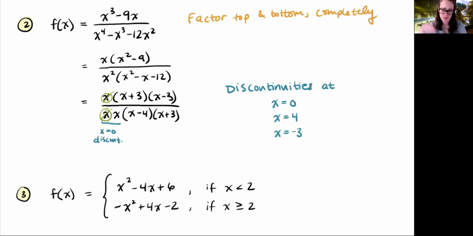Even though we removed part of it, there's still that x in the bottom, so ultimately it's not fully removable. So we would call this one non-removable. I know it's a little confusing, but if you can't take it all out in the bottom, then ultimately it is not fully removable.